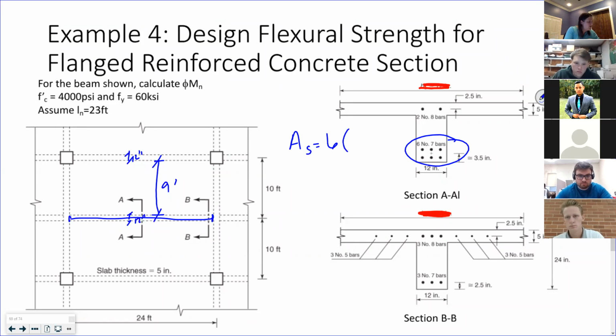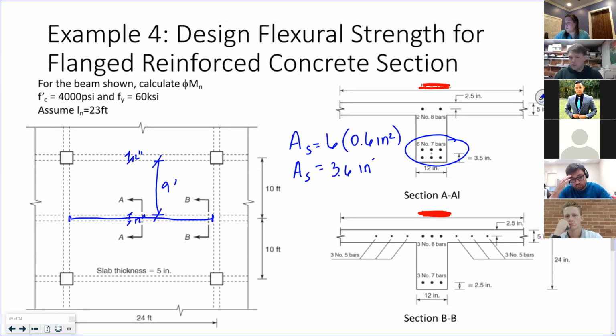Anybody know what the area of a number 7 is? 0.6. Right. So my area of steel is 3.6.